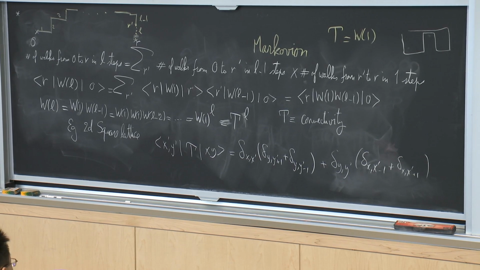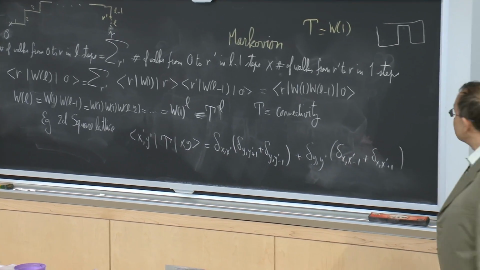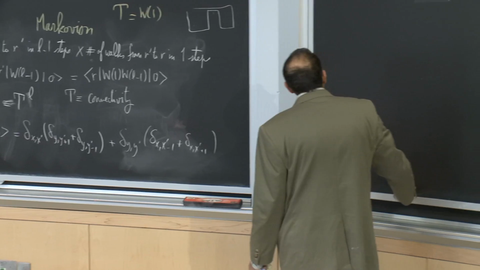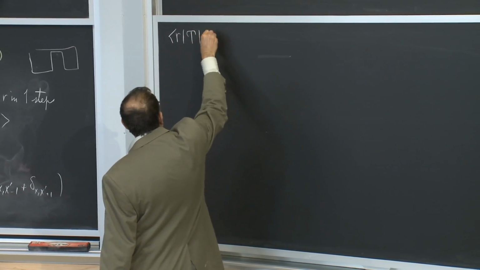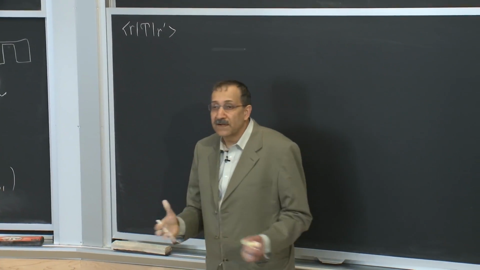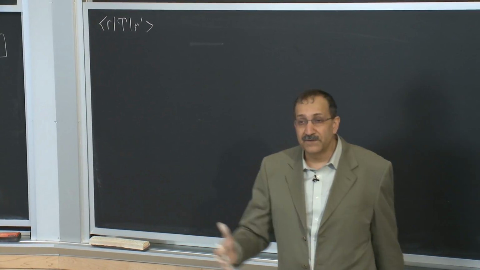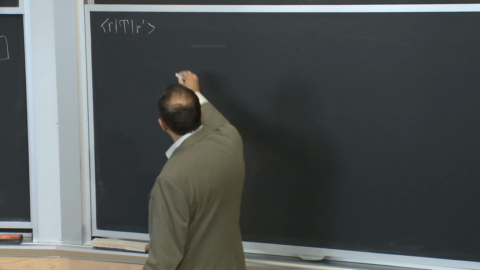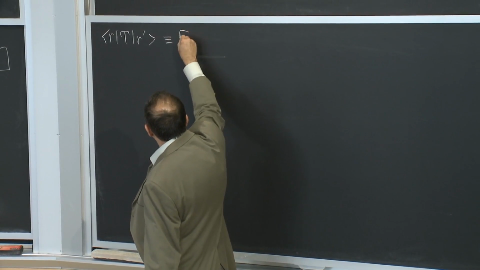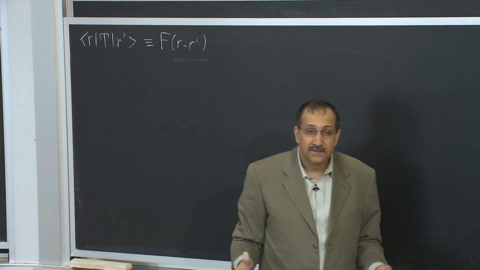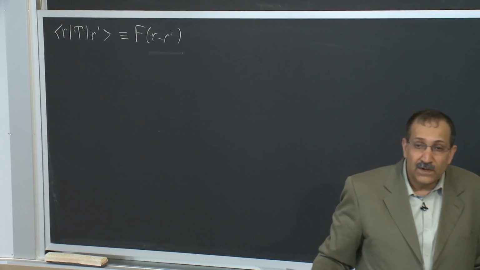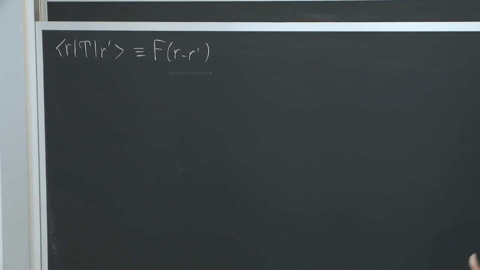Okay? Now you look at this, and you can see that what I have imposed clearly is such that for a lattice where every site looks like every equivalent site, this is really a function only of the separation between the 2 points. It's an n by n matrix.